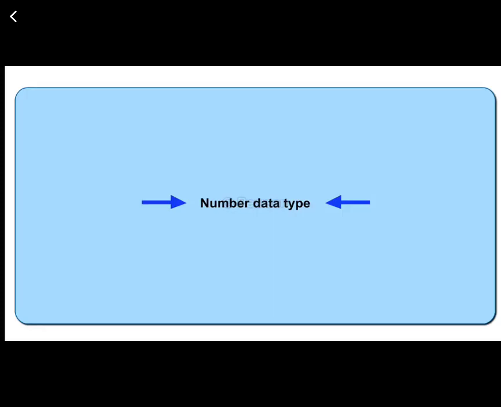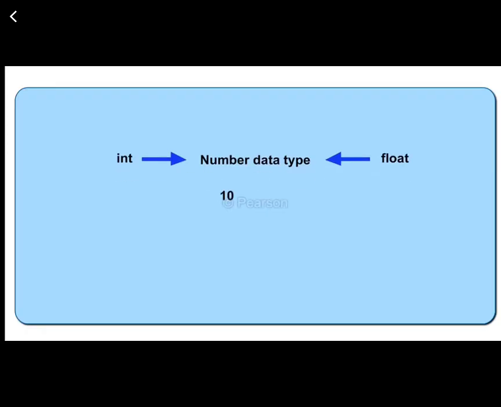The two types of number data types are int and float. For example, 10, 45.6, -46, 1.3, 0.0076, 274, etc.